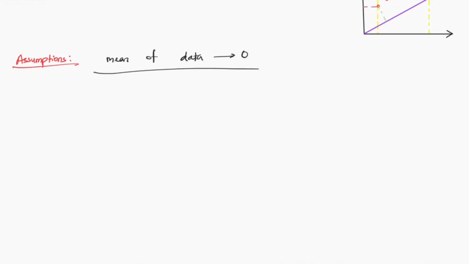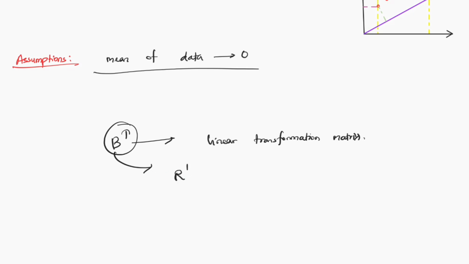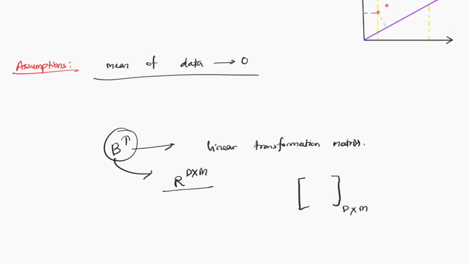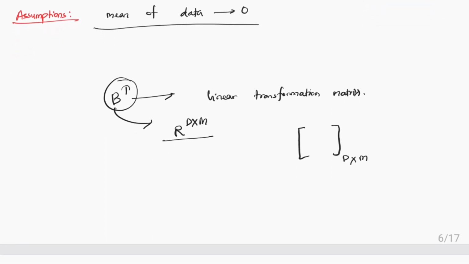Also let us say that we have a matrix B, a linear transformation matrix. It is a D cross M matrix, which will try to project the data onto the lower dimensional space.